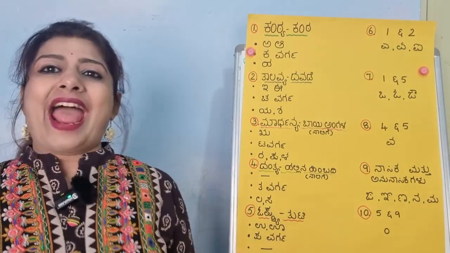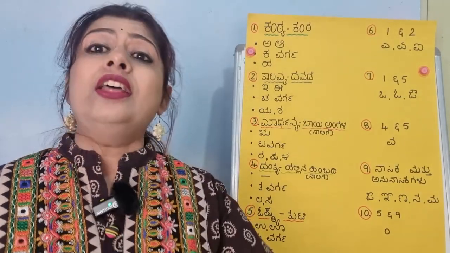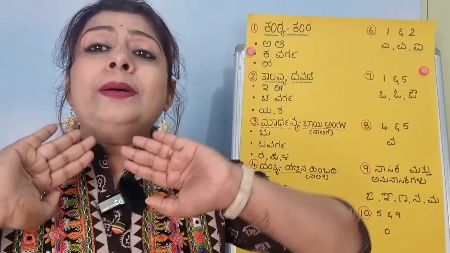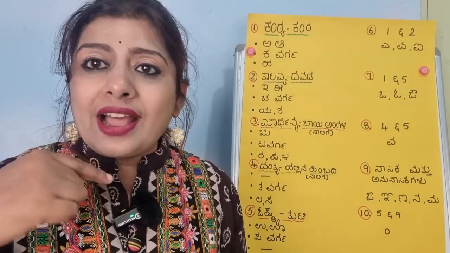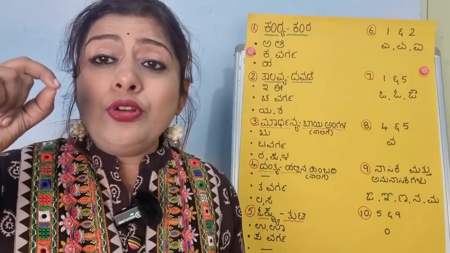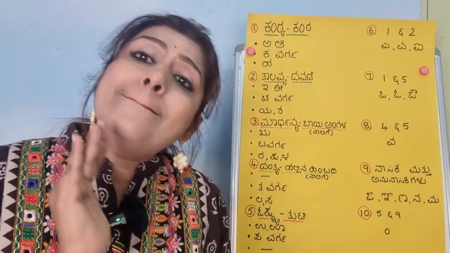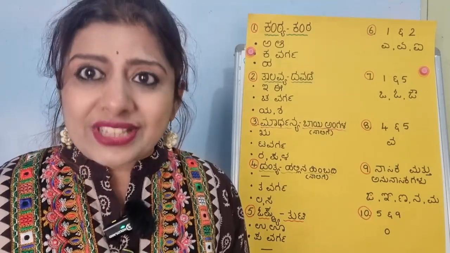And the fourth category is Dantya, the position when you place the tip of your tongue at the back of the teeth. Can you do that? Take your tongue, fold it, and now your tongue tip should touch your teeth from behind. Then comes the letters.